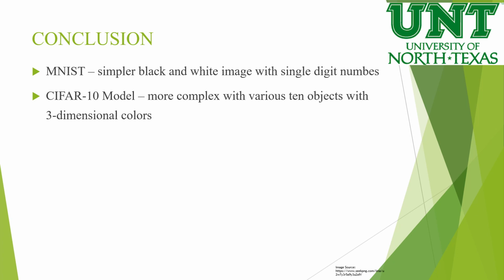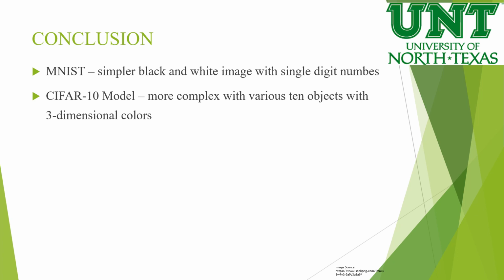Now, when we look at the CIFAR-10 model, you can see that it was a much more complex image. There were 10 different objects, from animals to vehicles, to airplanes, to trucks, and different animals like birds. When you've got that many different objects, there are significant features everywhere.